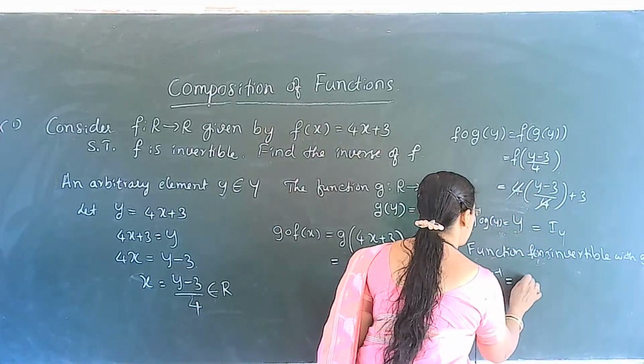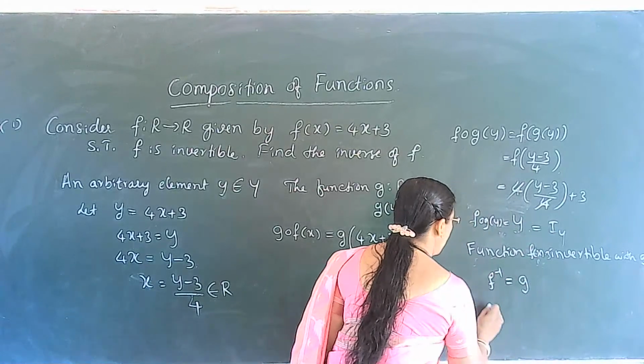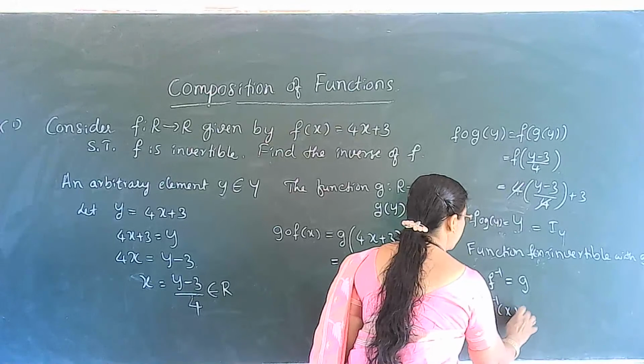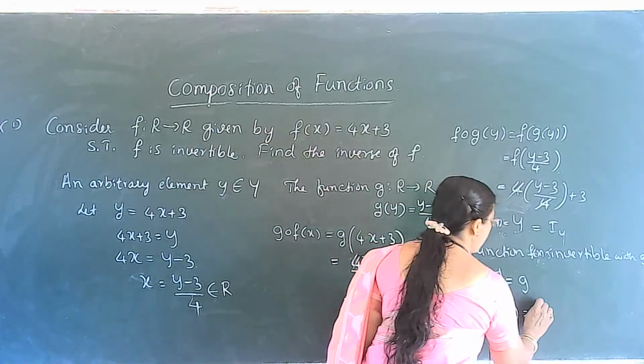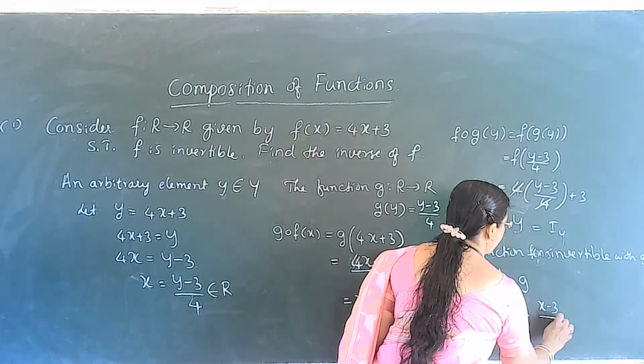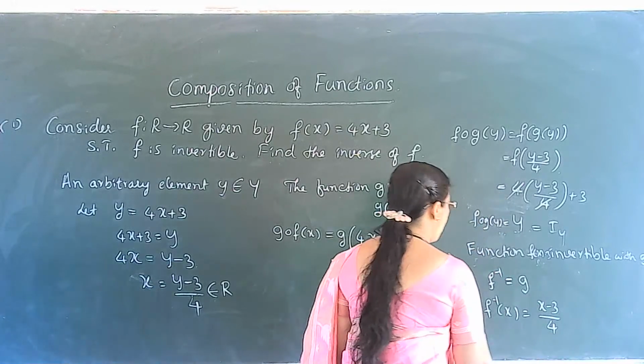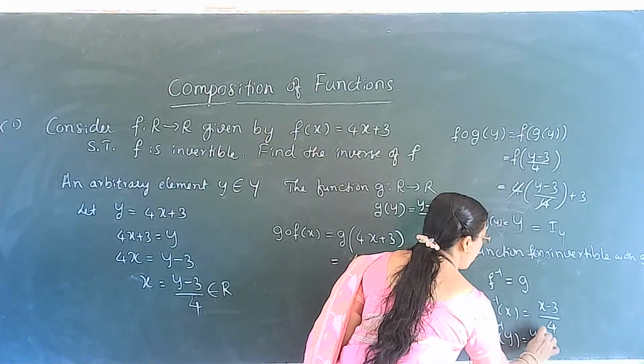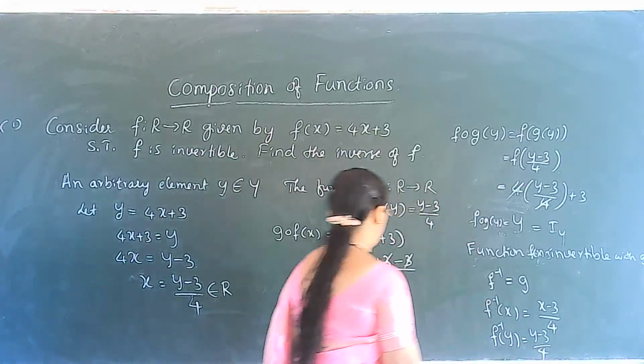Then f inverse is equal to g, or f inverse of x is equal to x minus 3 divided by 4, or f inverse of y is equal to y minus 3 by 4.